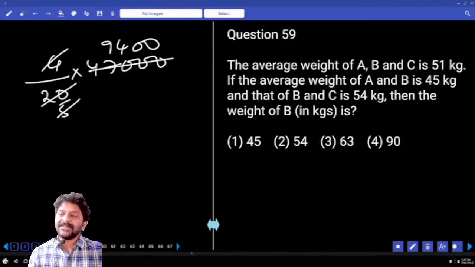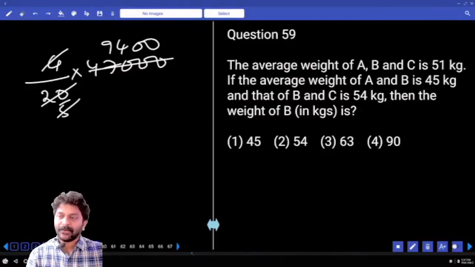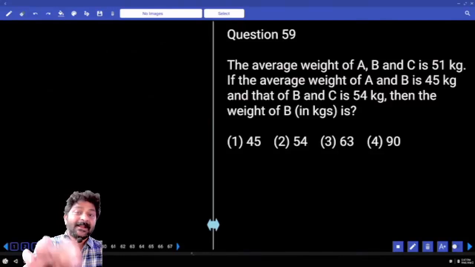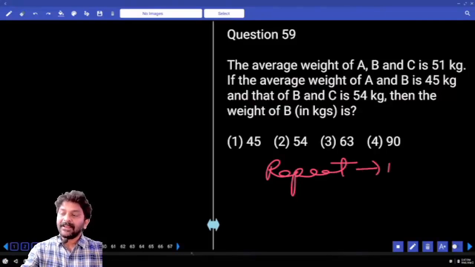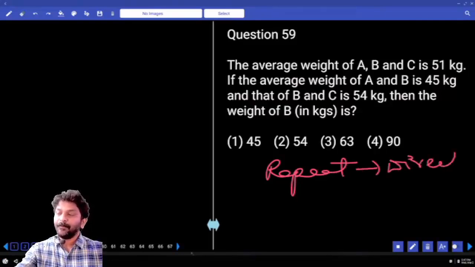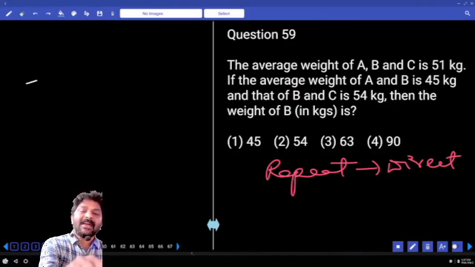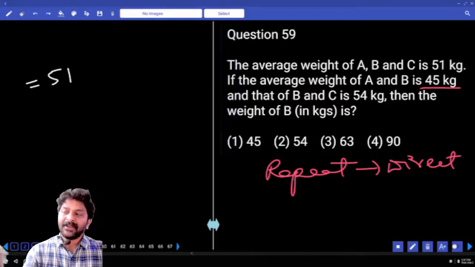Average weight of A, B, C is 51 kgs. If the average weight of AB is 45 and that of BC is 54, then the weight of B is? Here B is repeating, right? If it is a repeated number case, we go with direct effect only. Direct effect in the sense, if average is more, we will add. If average is less, we will subtract. Initial average for all three is 51. AB average is 45.